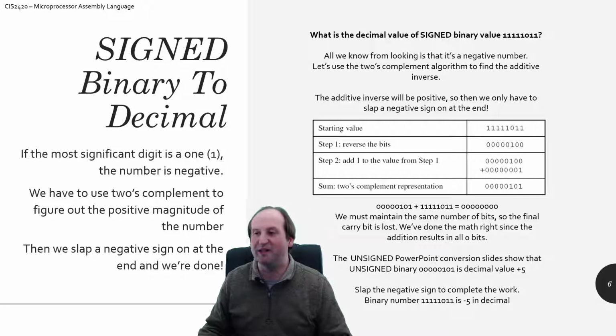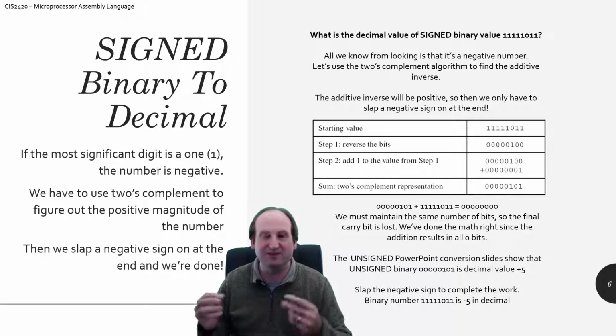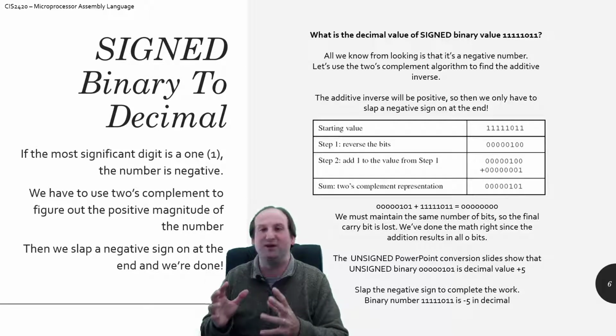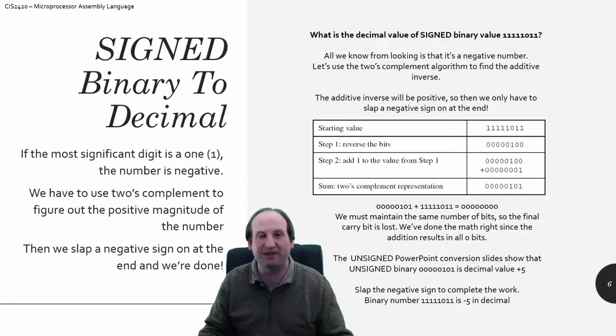And I know that's correct, because if I take my starting value and add that result, I get all zeros, with the carry bit, which I don't care about, which is really cool. So now I know that result is a positive 5, so I just slap the negative on it, and I know my 111111011 is negative 5 in decimal form.